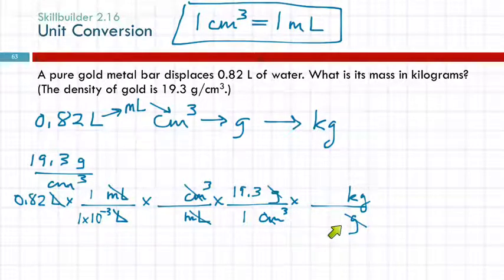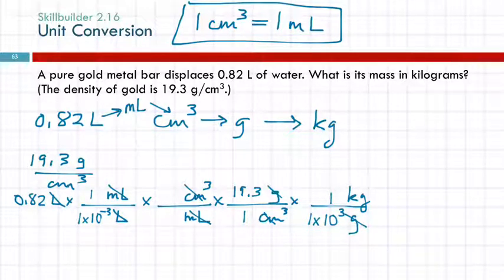Kilo is on the top, I need to put the number on the bottom. Sometimes it's the other way around. But the 10 to the something goes on the other side. It never goes with the prefix. So kilo is 10 to the plus 3. And so 1 kilogram is 1 times 10 to the third grams. Yes, that's the same as 1 kilogram equals 1,000 grams. But I'm going to stick with the 10 to the somethings.